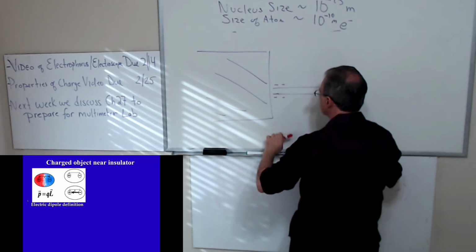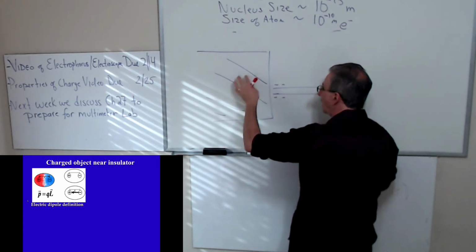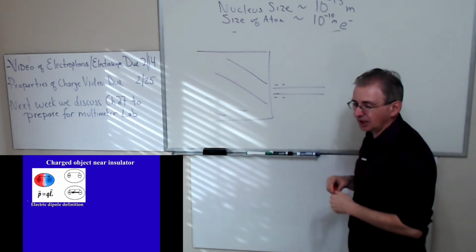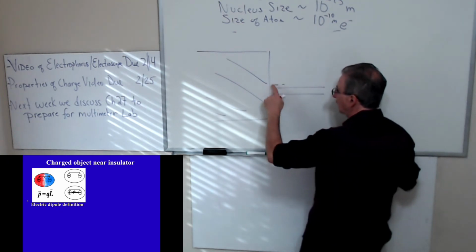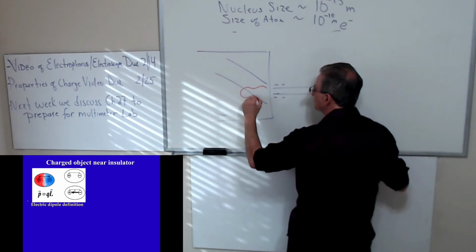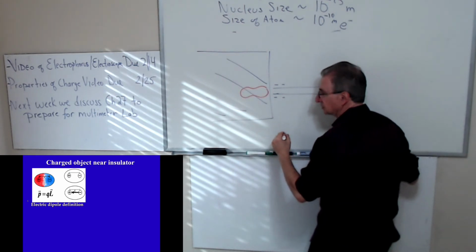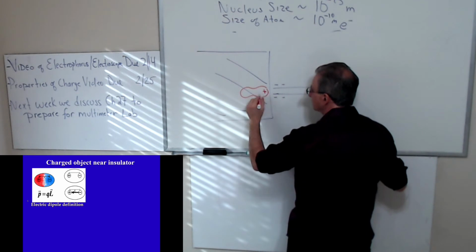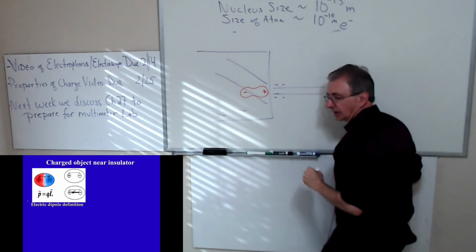What happens? Well, the molecules that make this up, they don't like these electrons. And so the distribution of charge will change. You'll end up with more positive charge here and the negative charge there.